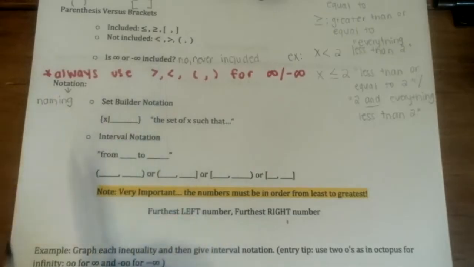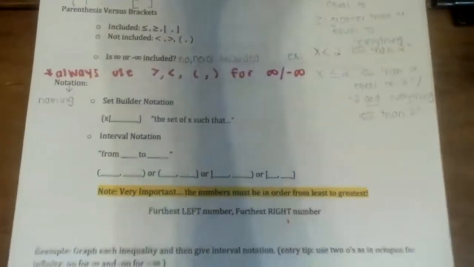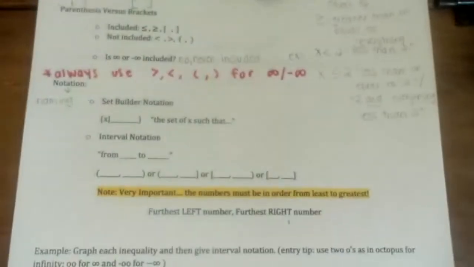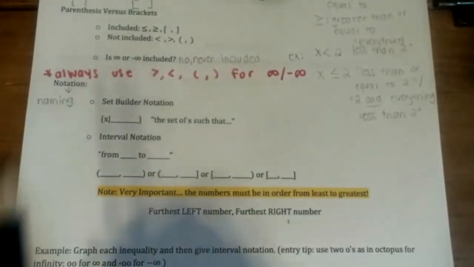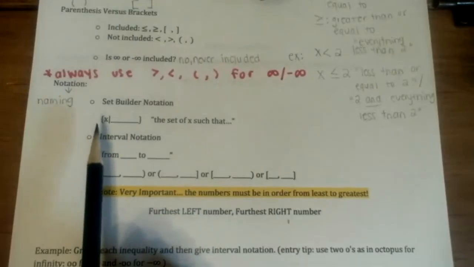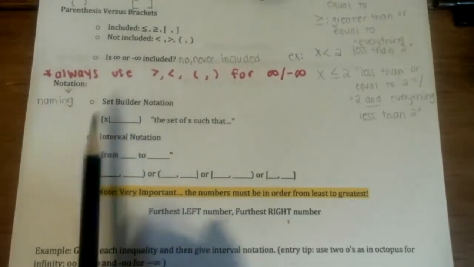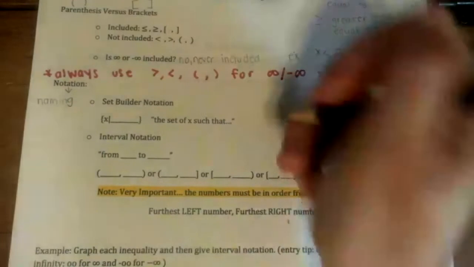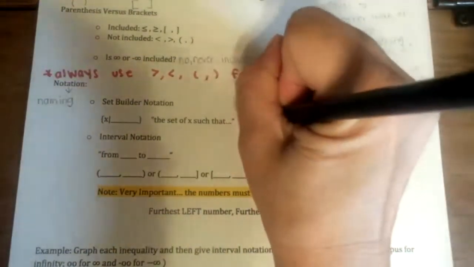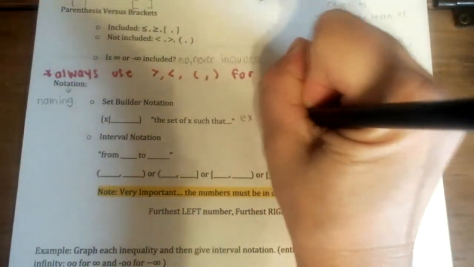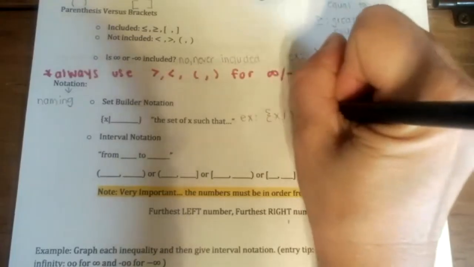For set builder notation, we have a template. Our template says, with a curly bracket, the set of x such that blank, whatever our answer is. So for example, to fill in the template, the set of x such that x is less than 2.